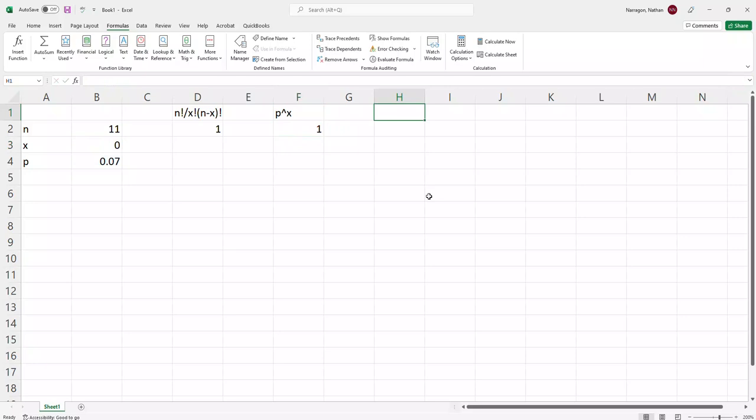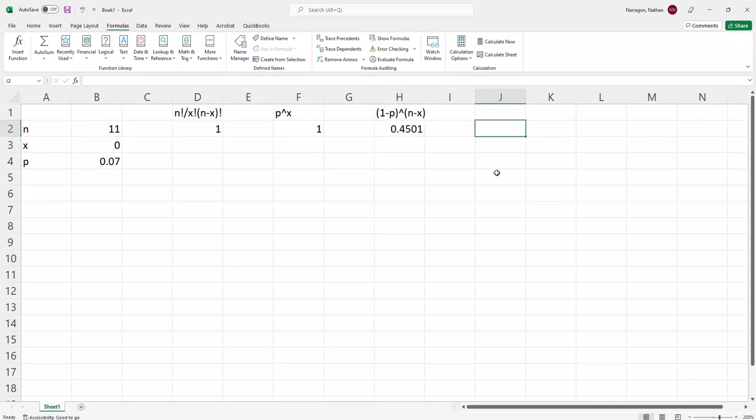Now, the last part is 1 minus our probability percentage raised to n minus x. So equals, this is another exponent, so POWER, 1 minus our percentage, that's our base. And then our power is, of course, n minus x. Close parentheses, then hit enter.